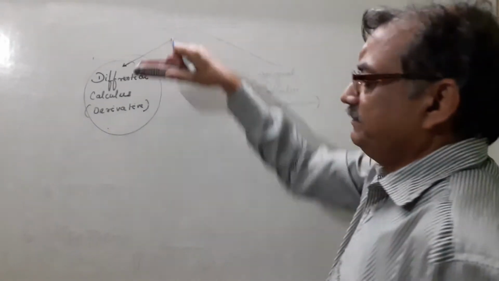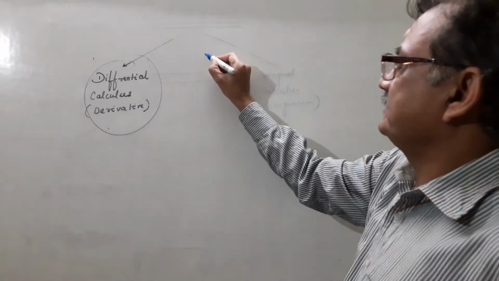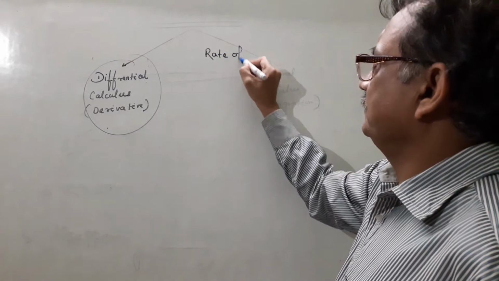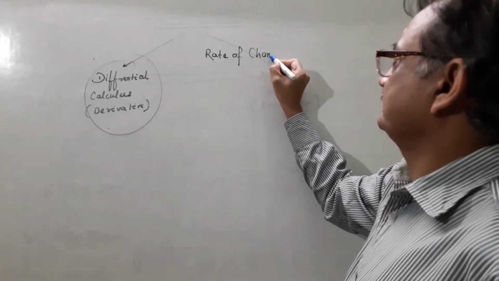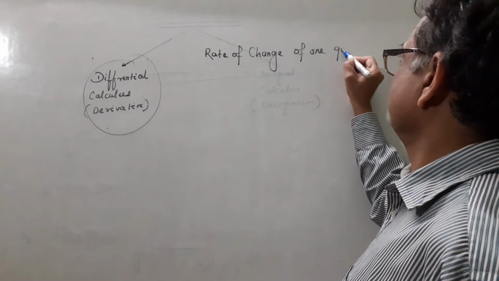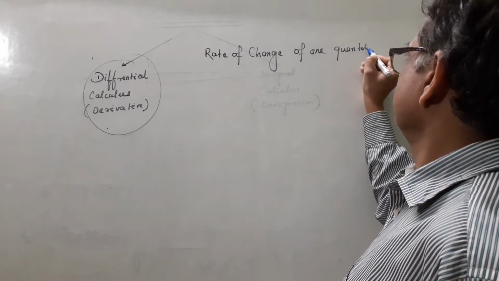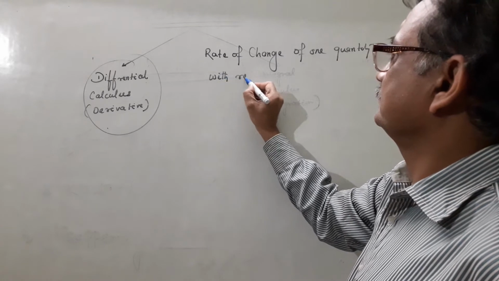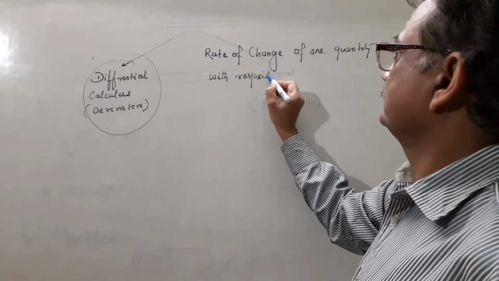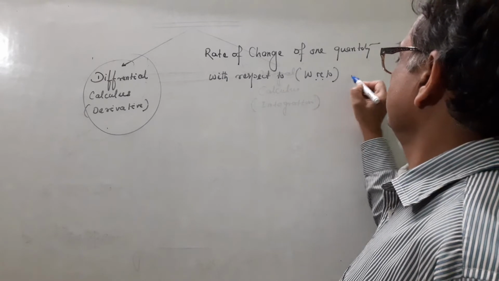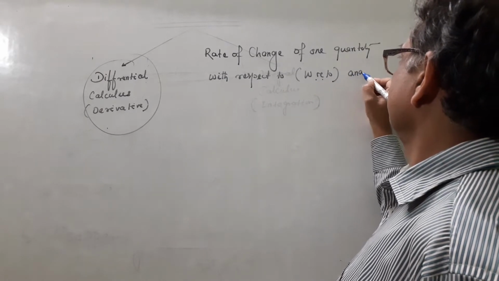And what is derivative? It is the rate of change of one quantity with respect to (we will write WRT) another quantity.